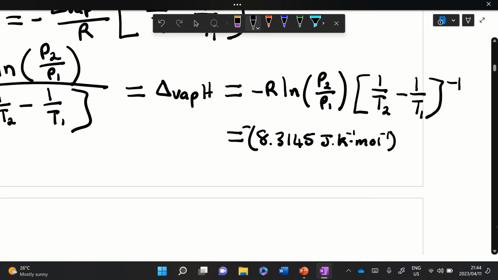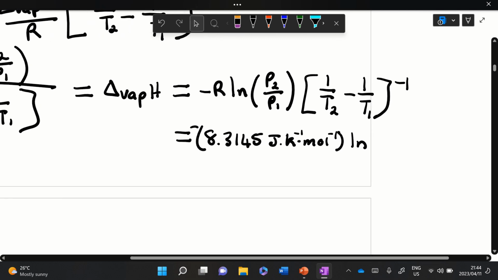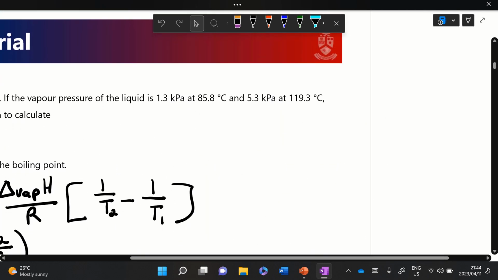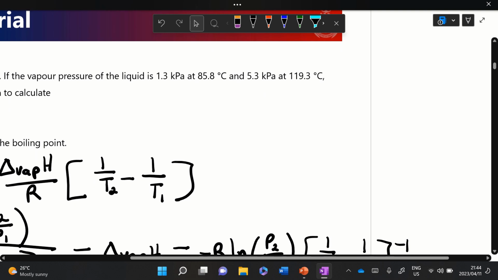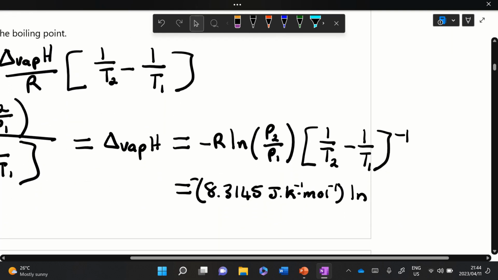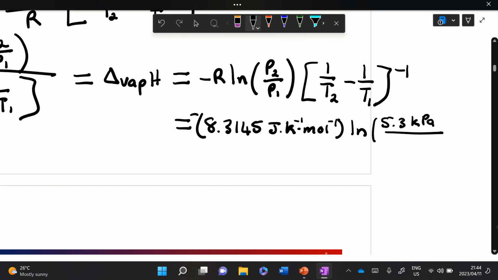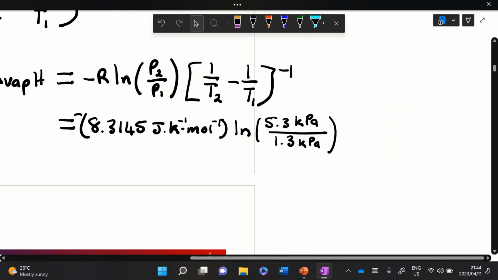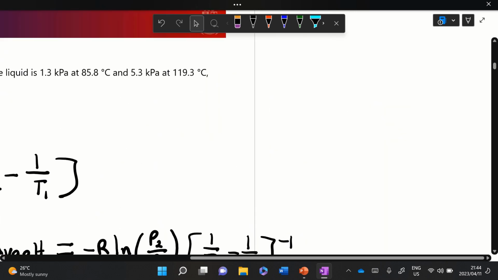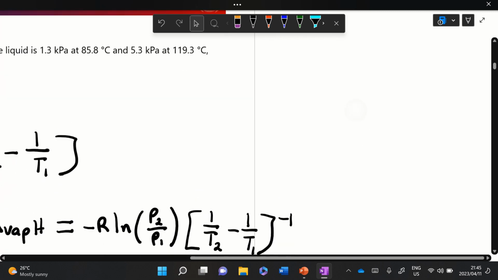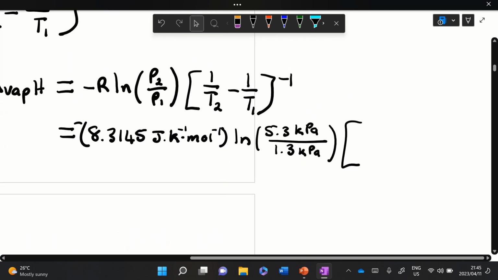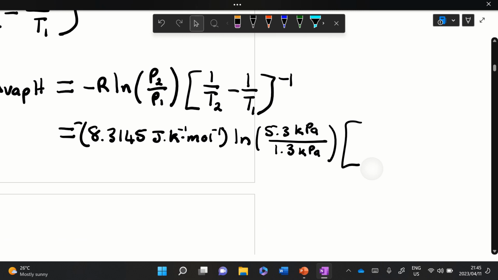Right. Our ln values, so we just use the values that we're given. So let's say we make 5.3 kilopascal on top, then 1.3 at the bottom. We just need to ensure that we keep the temperatures aligned. So if 5.3 goes on top, then that's 2, then 119 goes with that.